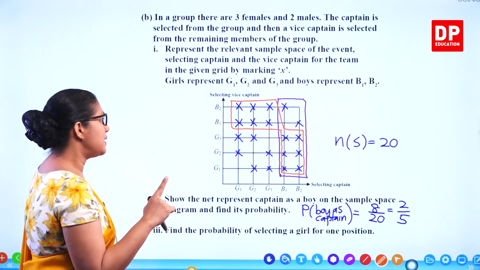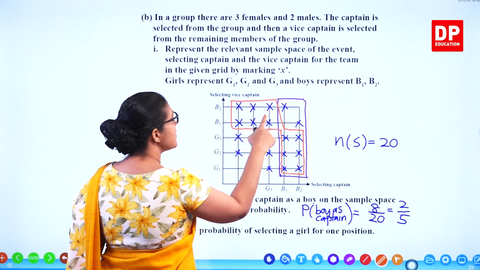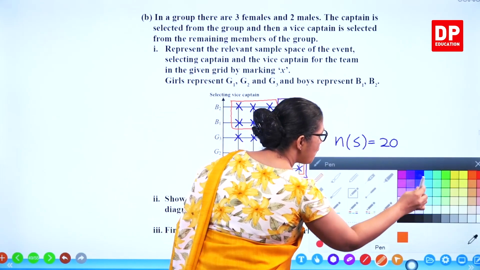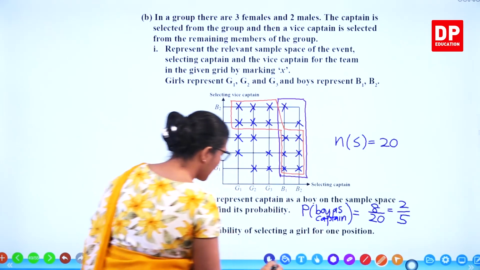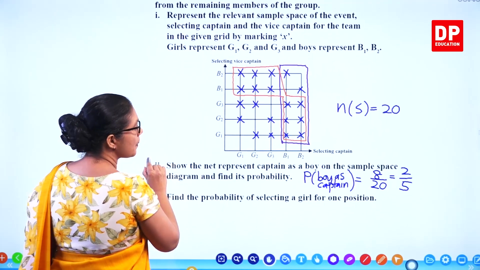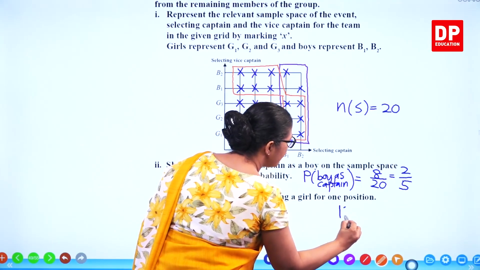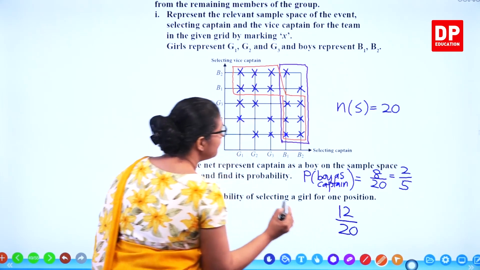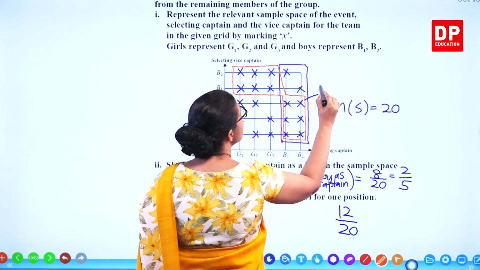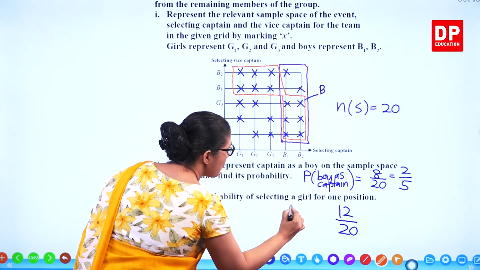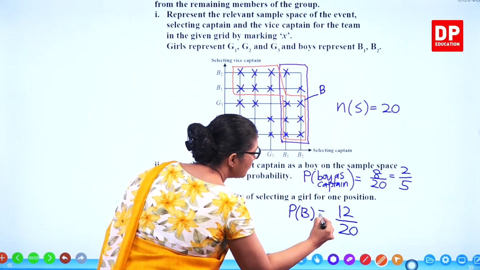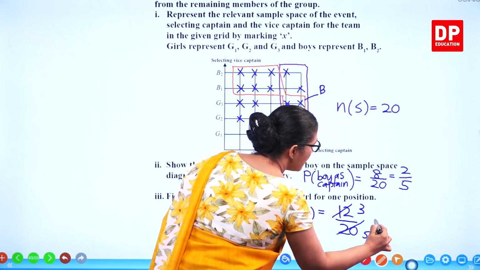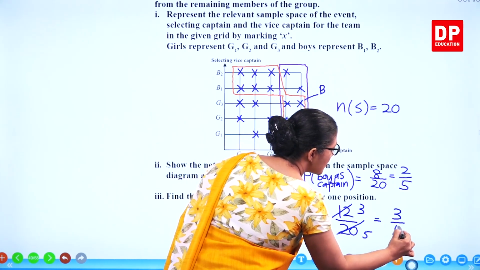So how many possibilities are there? 1, 2, 3, 4, 5, 6, 7, 8, 9, 10, 11, 12. 12 out of 20. So we'll mark this one as B or something. Then I can write probability of B is equal to 12 over 20. 4 times 3, 4 times 5. 3/5.